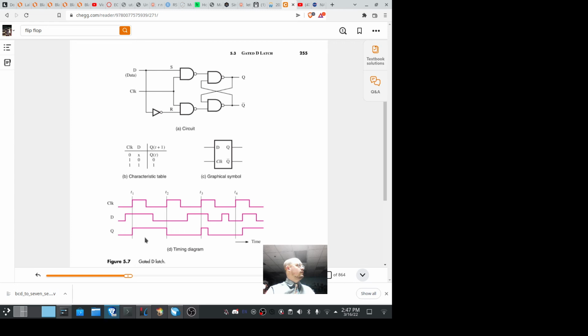If the clock went low after D went low, then Q would go low, right? And then it would stay low when the clock went low. So if the clock was high and D went low right here, for example, then as soon as D went low, you'd see the propagation over at Q.